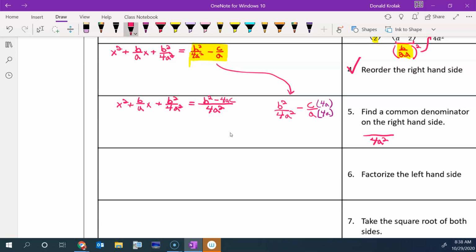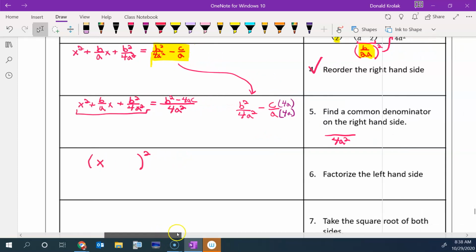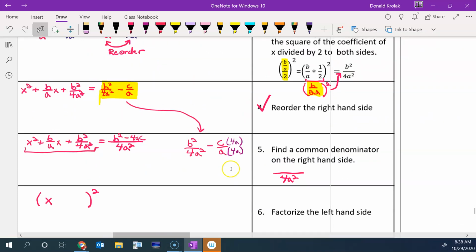All right, now factor the left-hand side. Yikes. But remember, that's a really quick factor. We know it's going to be x plus something, squared. The term that goes there is whatever the middle term was after I divided it by 2. I highlighted it up here.